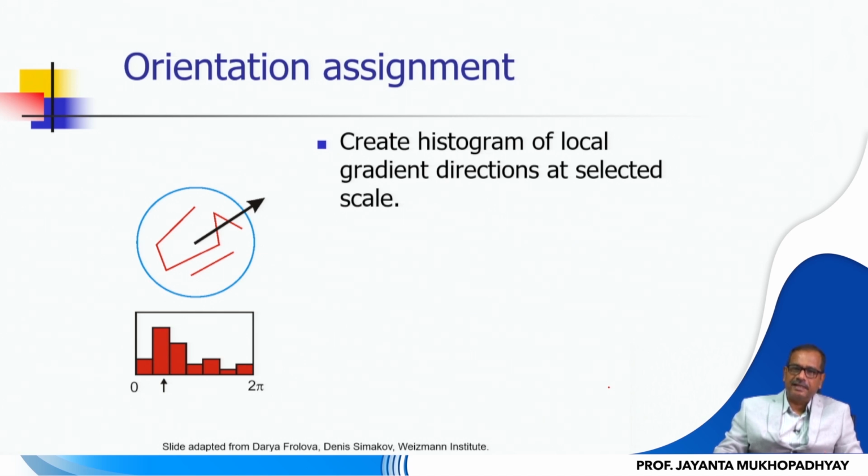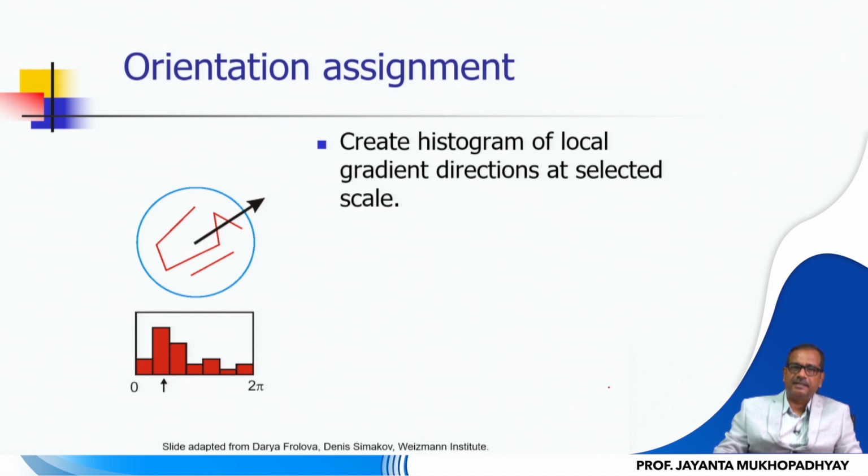That is why scale selection comes first. After a key point is detected, the scale is also assigned. Then you consider only the representation at that scale. That means you should consider the filtered image, not the original image, and then apply the local statistics.